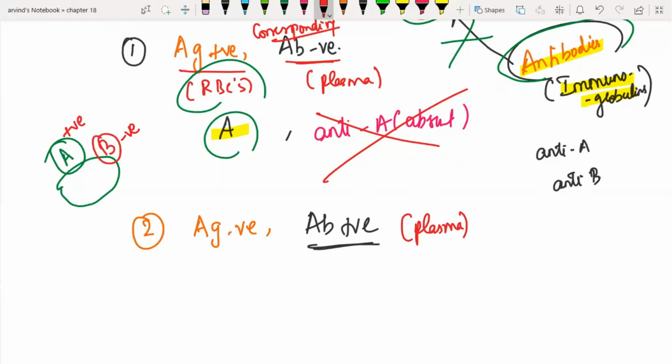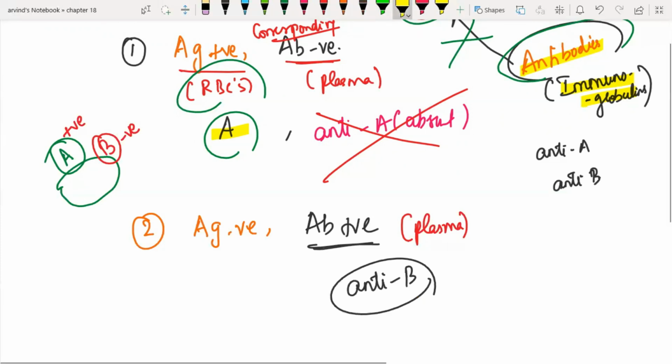Now, since this B antigen is negative, its corresponding antibody, that is, anti-B antibodies, are present in the plasma. Again, you might ask, why should I have anti-B antibodies in my plasma? For which you need to understand blood transfusion reaction.